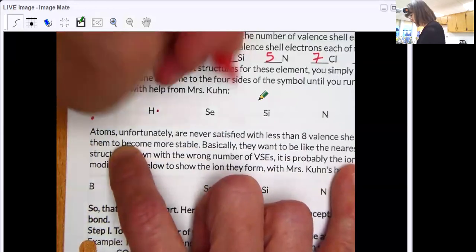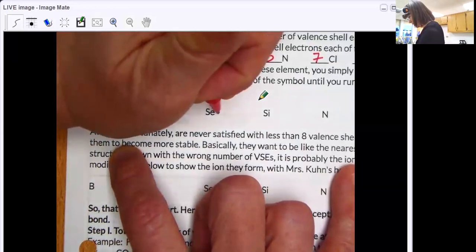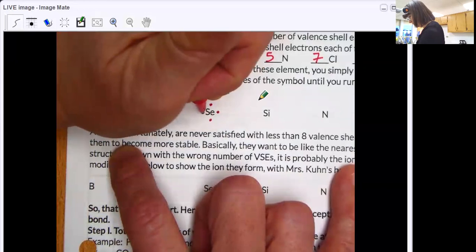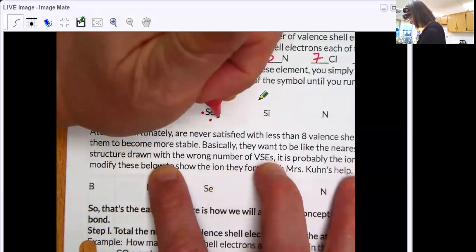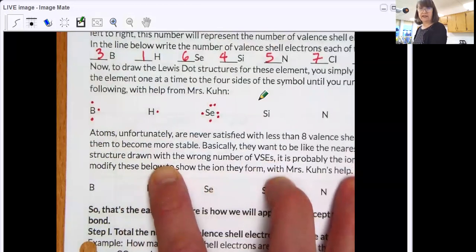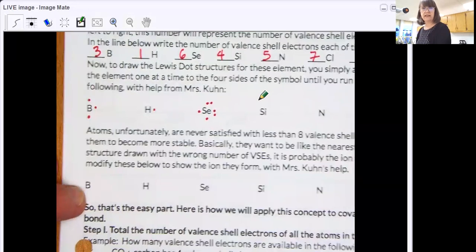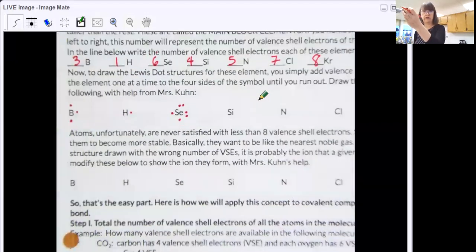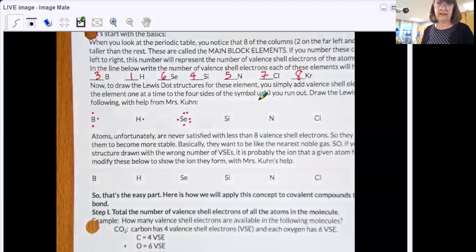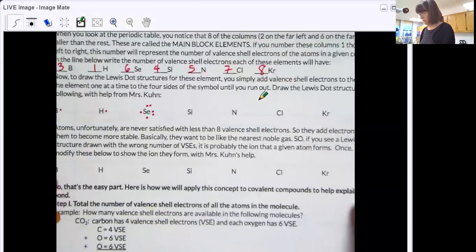Selenium has 6, so I'm going to put 1 on each of the 4 sides before I double up. Now, the sides I double up on don't matter so much, but you'll notice I've used a total of 6. So take a second and see if you can do the other 4 on here. And so pause this and then come back and check your work.